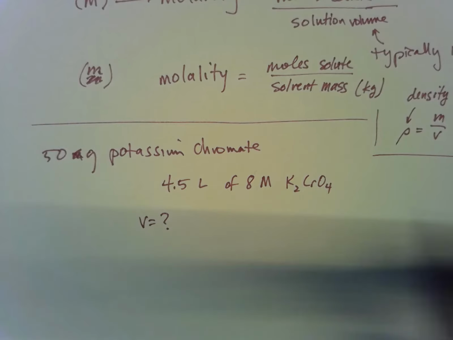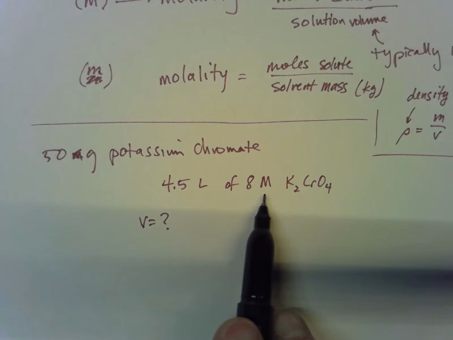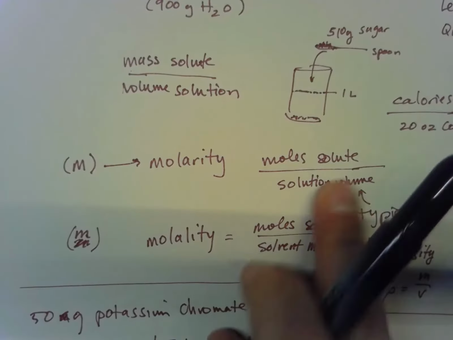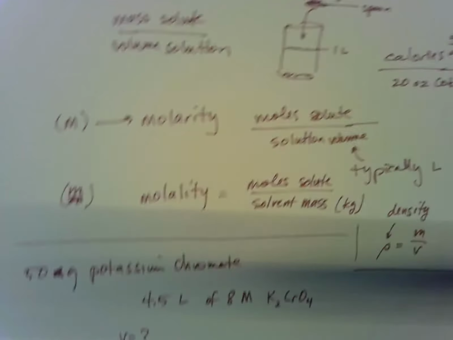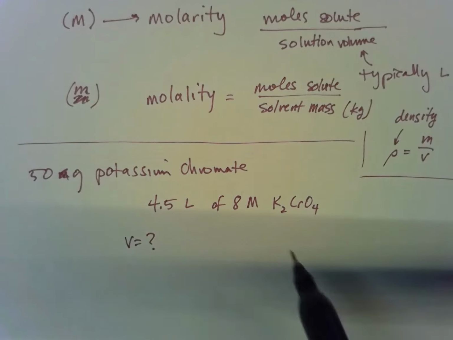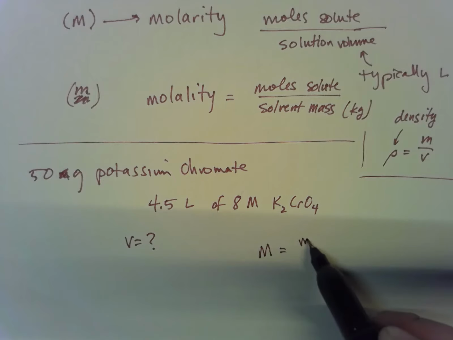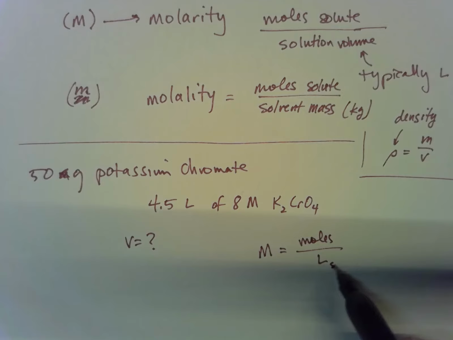So what's the first thing we've got to do? Well, the only thing we've got is a molarity here, which is moles of solute per solution volume. And so we know that molarity is equal to moles over liters of solution.